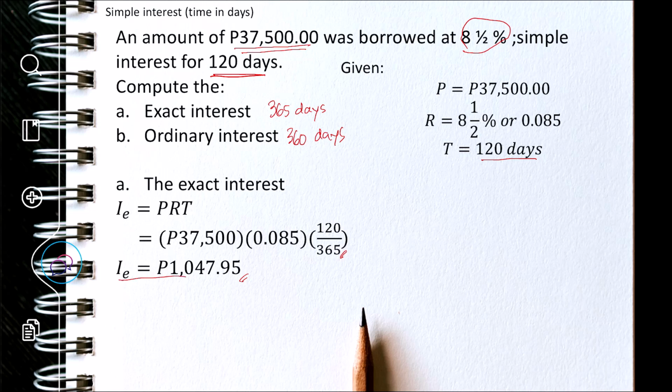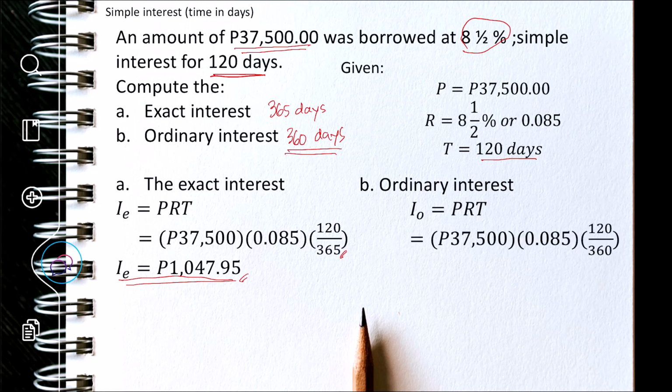Okay. Exact interest is 1,047.95 pesos. And then, the ordinary interest naman, ang gagamitin po natin is 360. Ayan, the same lang po. That is 37,500 times 0.085 times 120 over 360.